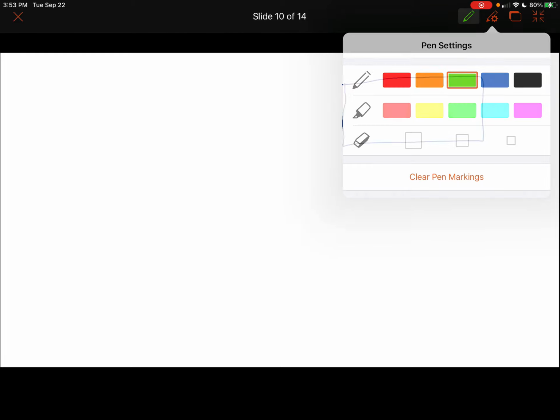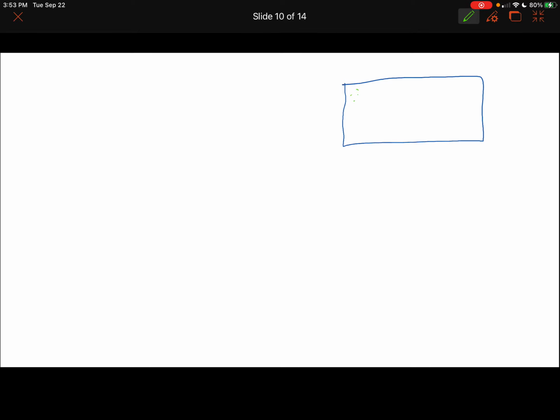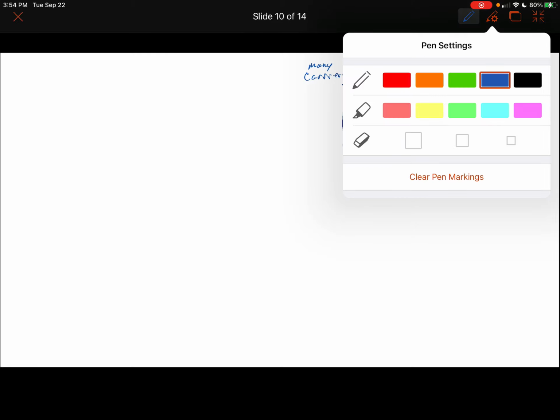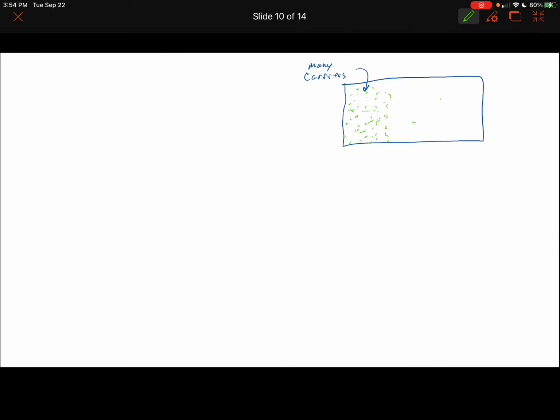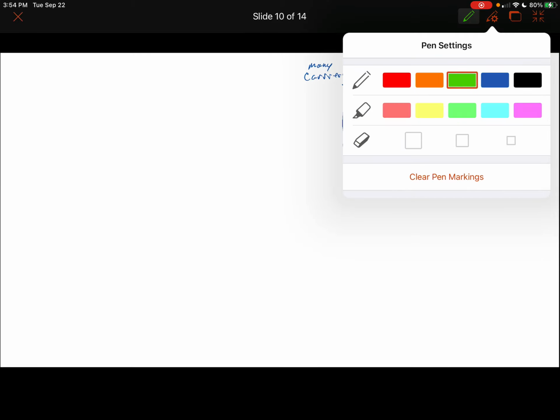If we have a whole bunch of carriers, either electrons or holes, many over here, and over here we've got few carriers.